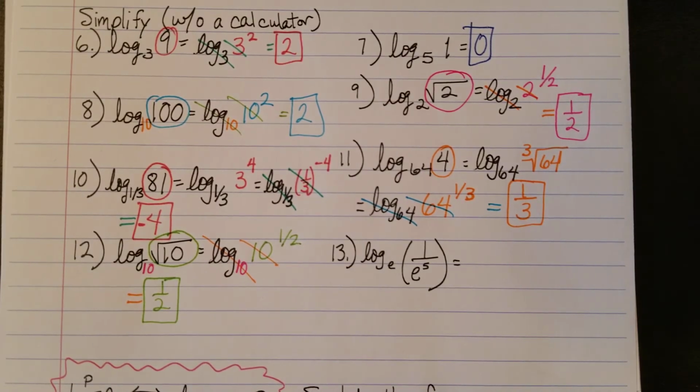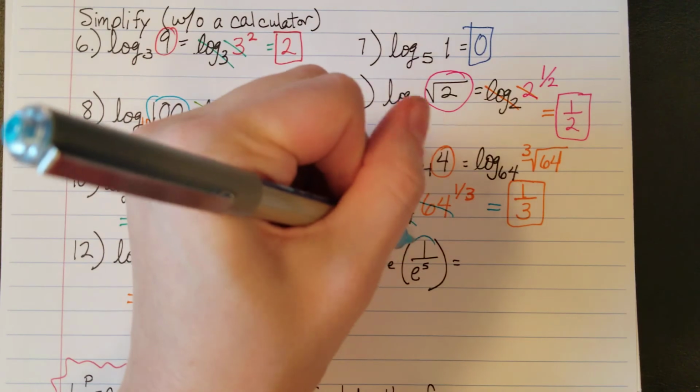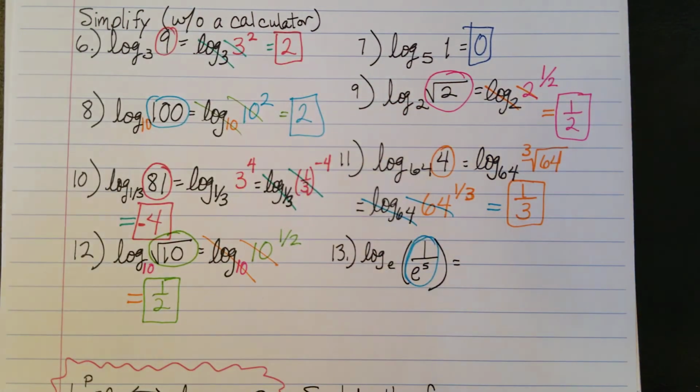So number 13 says log base e of 1 over e to the 5th. So there's our friend e again. We just need to replace this with e to a power.